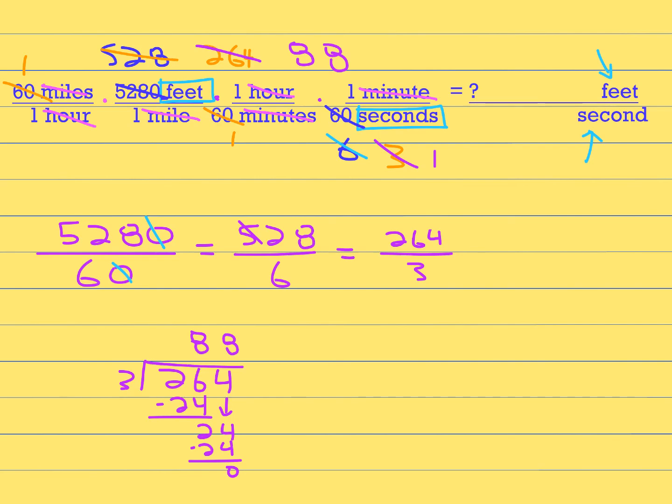We have left these values: 88 for feet and 1 for seconds. So instead of saying for every 1 second, we just say 88 feet per second. And that's what we get for a final answer. 60 miles an hour is equivalent to 88 feet per second.